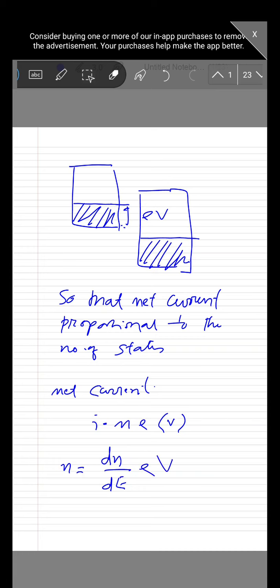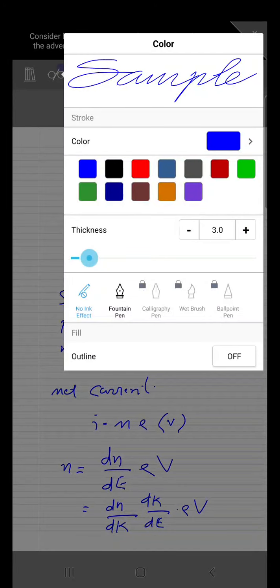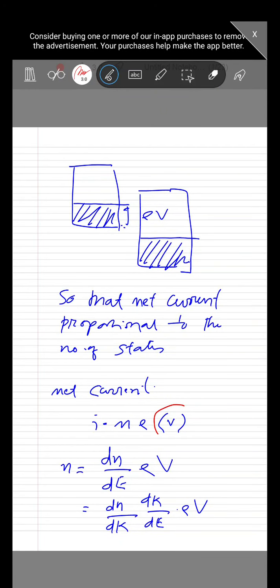You can write it as dN by dk into dk by dE into eV. And this term, the expectation value of velocity, is nothing but the group velocity.